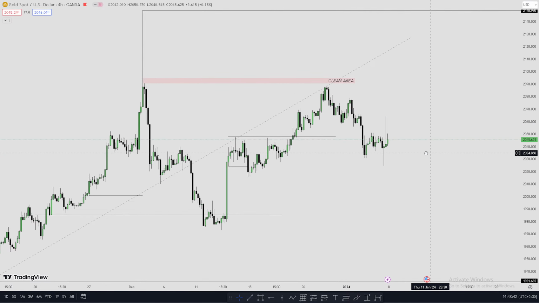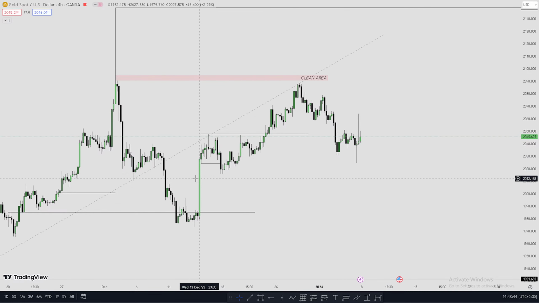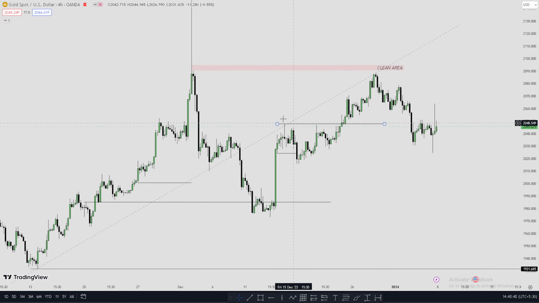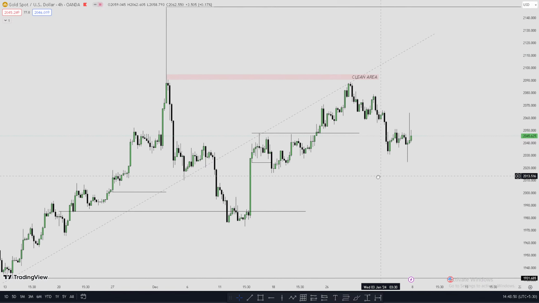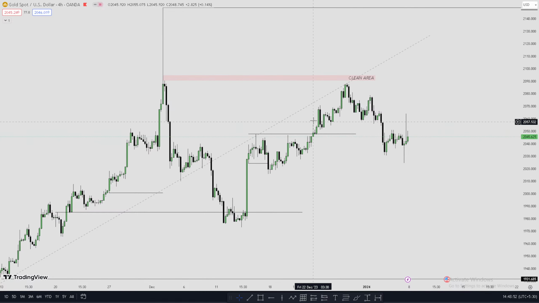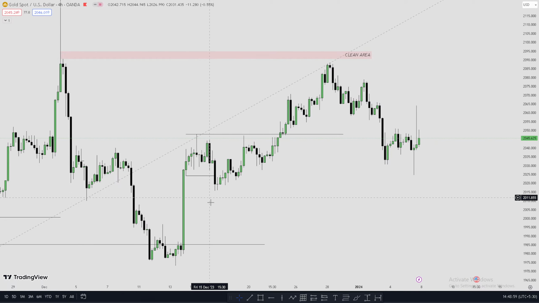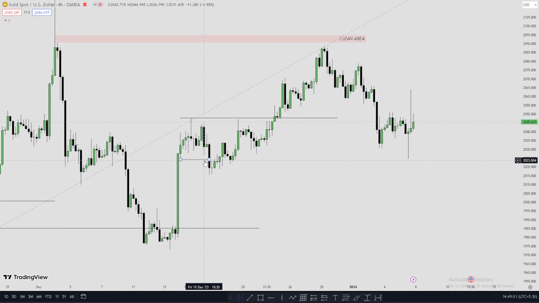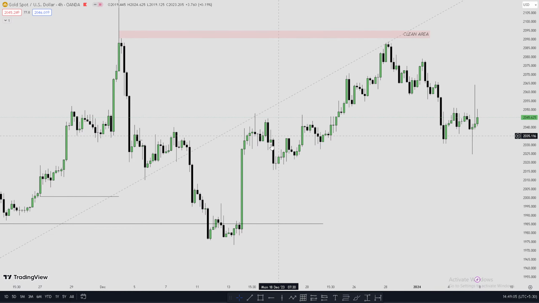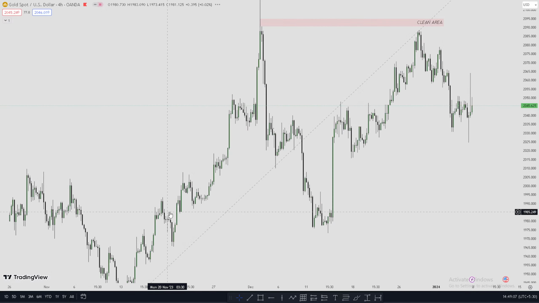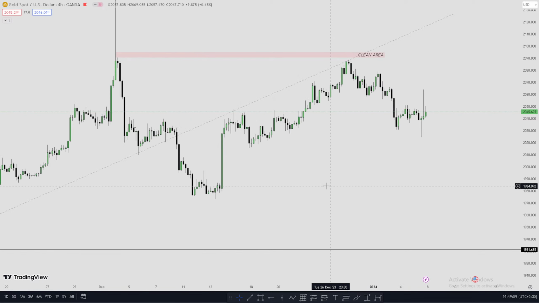The price has given us a good break of structure to the upside, low, and this was the high. And now with the break of structure, it's approaching this fair value gap for sure. So we'll be waiting for it to come back till this area only.